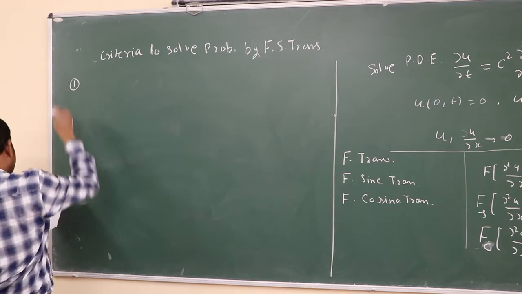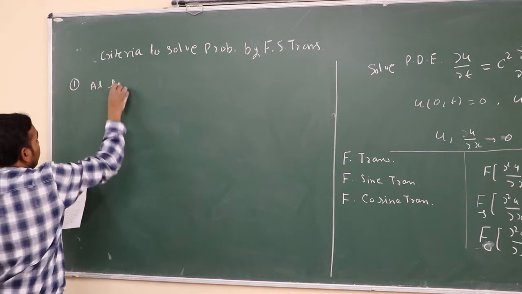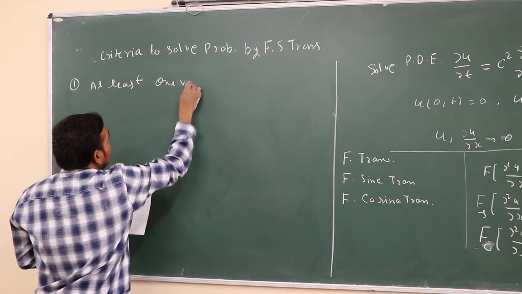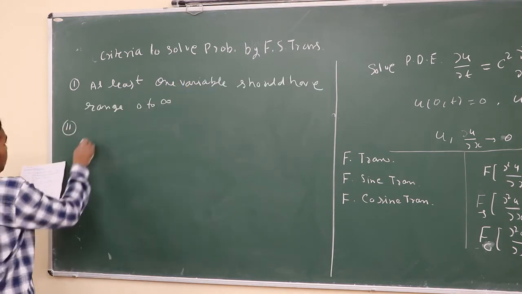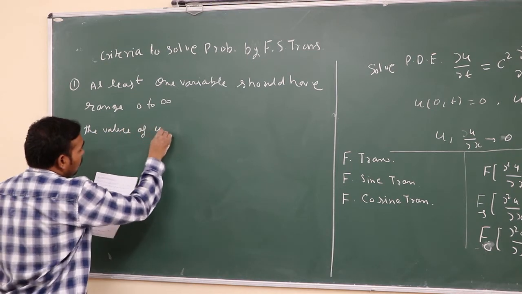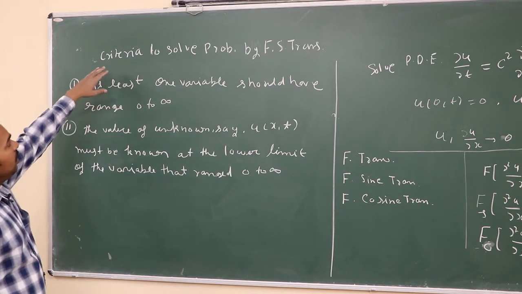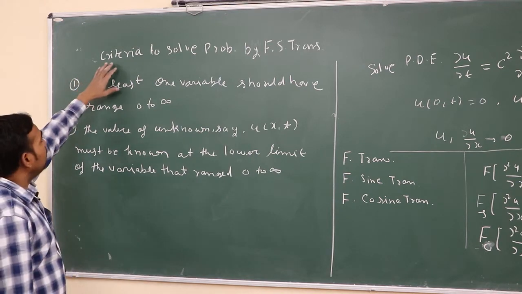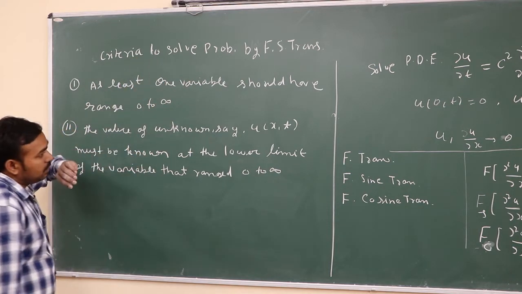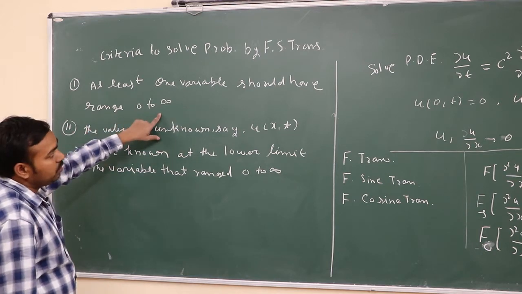There are two criteria to begin with. If a problem is given, first see that at least one variable should range from 0 to infinity.